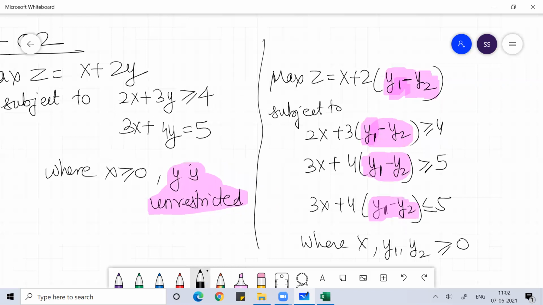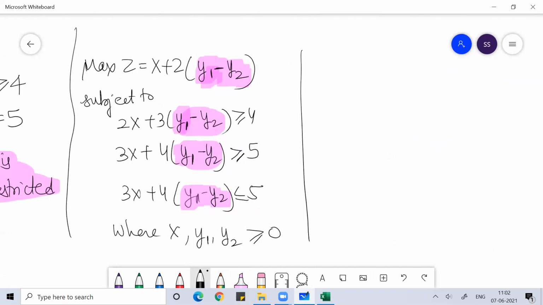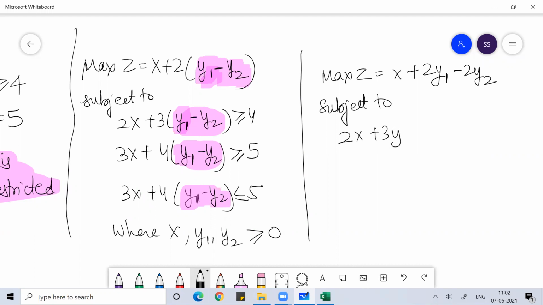So going further, what I can do, I can write the given LPP problem as maxima of z is equal to x plus 2y1 minus 2y2, subject to x plus 3y1 minus 3y2 is greater than or equal to 0. Guys, if you see, the objective function is maxima, so your constraint should be with less than or equal to. So better write less than or equal to. First let me write it like that, then I'll use canonical form.